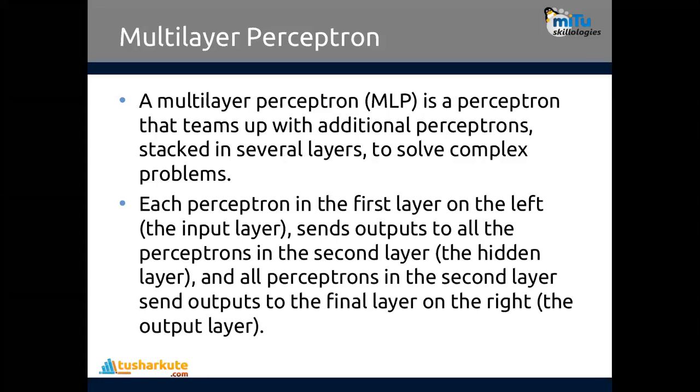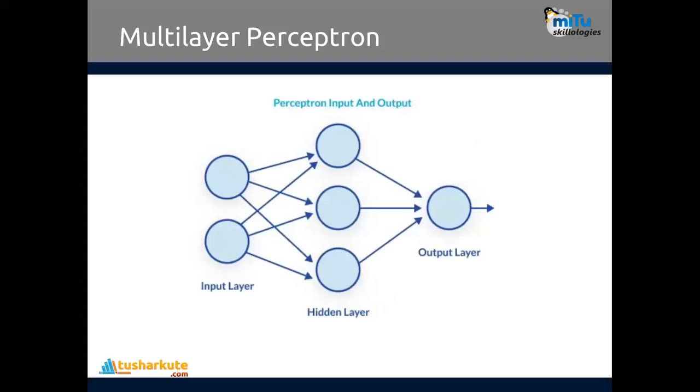And when you are layering up more than one thinking unit, obviously the ability to solve the problem with the help of that will be more. So each perceptron in the first layer on the left, let me show that diagram. See this. This is your multi-layer perceptron.